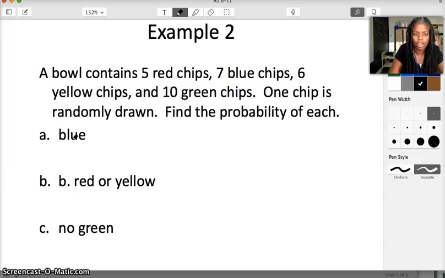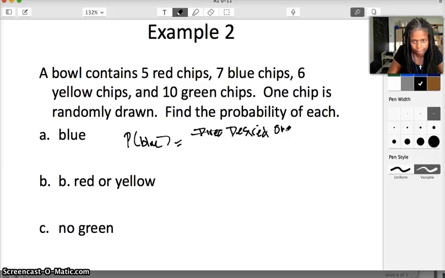So the probability of blue is going to be desired outcome over all possible outcomes, right? And so the desired outcome is blue.